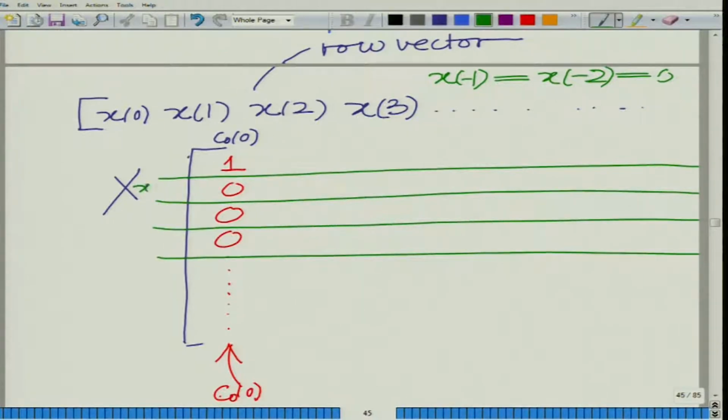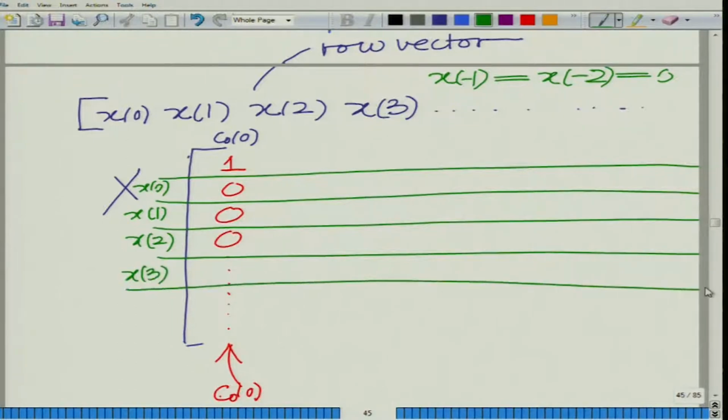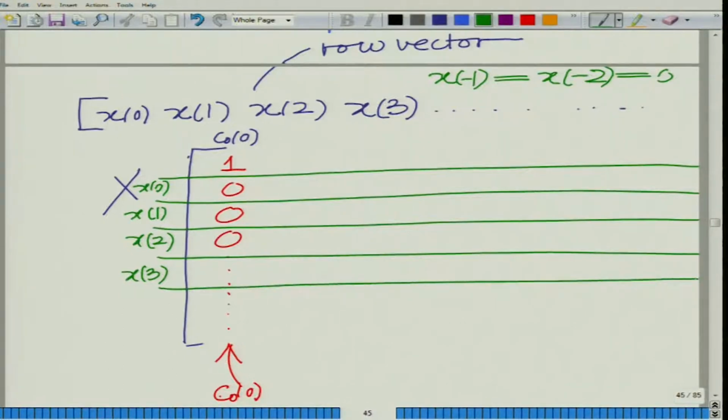For instance, the first row is x of 0, the second row x of 1, then x of 2, x of 3, x of 4 and so on.